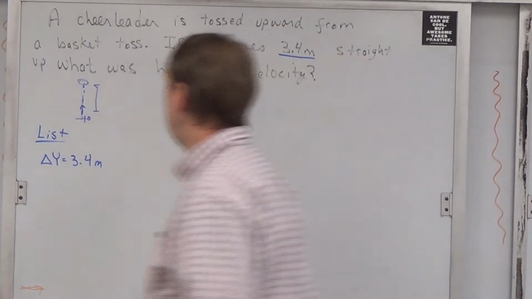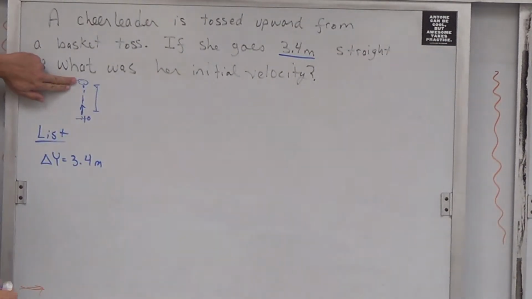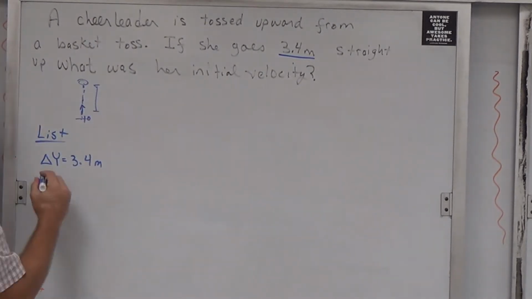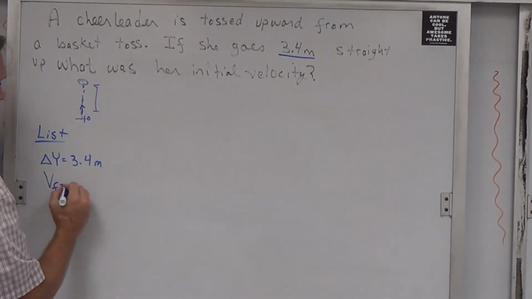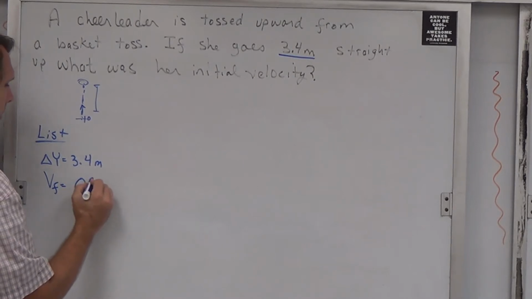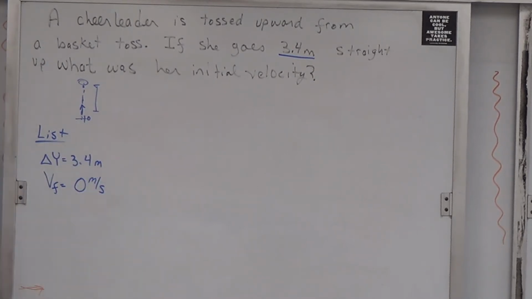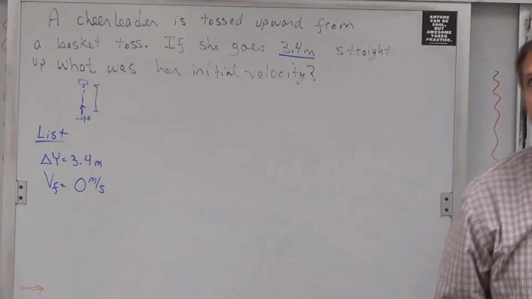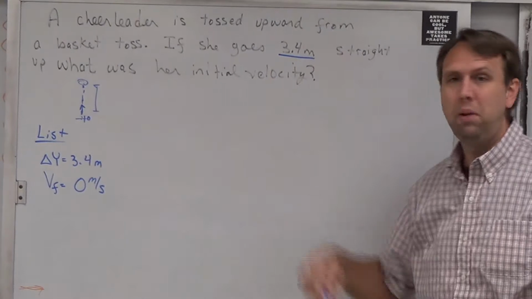So we would know at the highest point, which we would call the final in our situation, the initial will be down here, but at the final point the velocity would equal 0 meters per second. We know something else, or at least we assume something else. We assume that the cheerleader is on planet Earth.